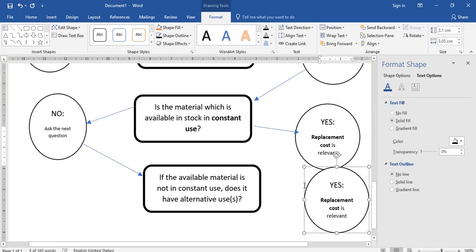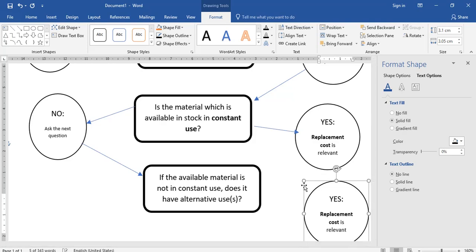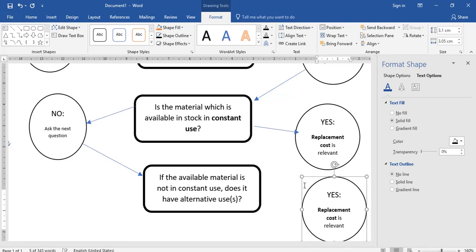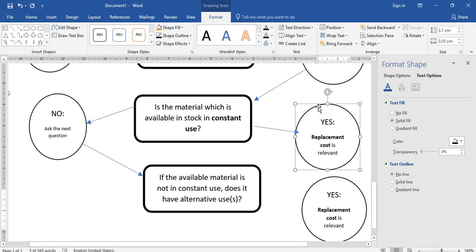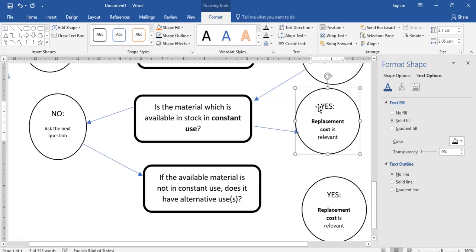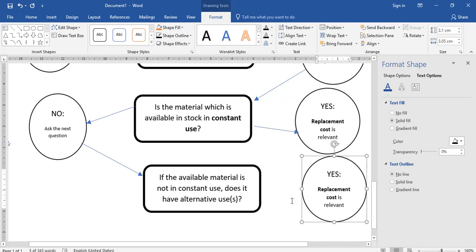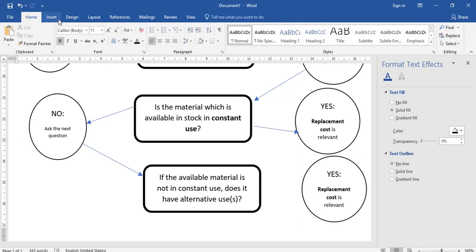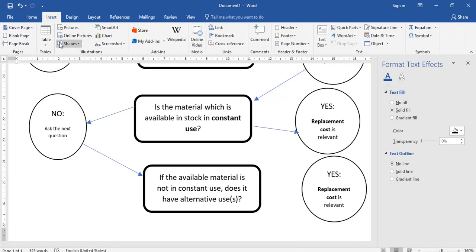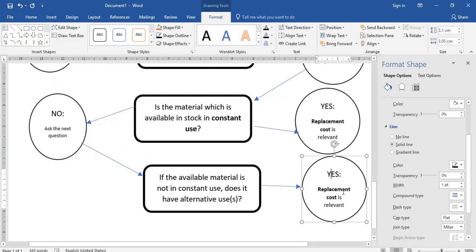If we answer yes, that it has an alternate use, so what is going to be our relevant cost? Our relevant cost will be opportunity costs.